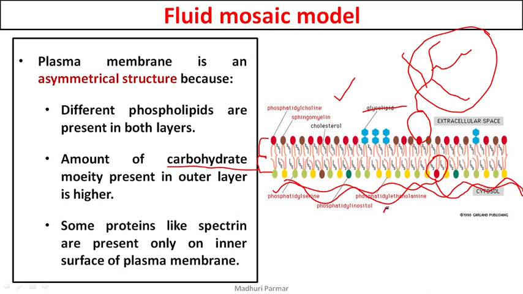Its function is to provide stability and structure to the animal cell, and it supports the plasma membrane. So an example is spectrin, which we had discussed in the last class.